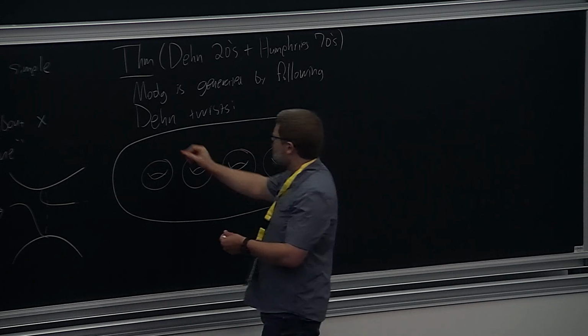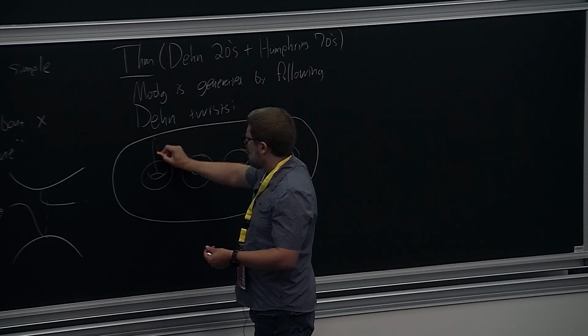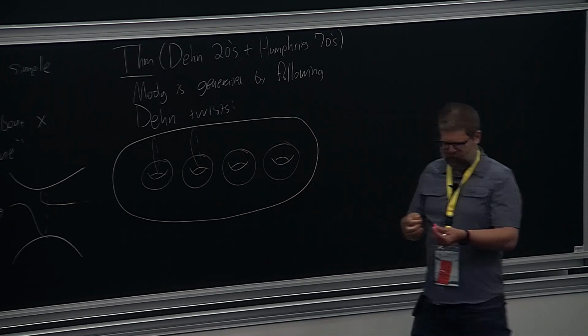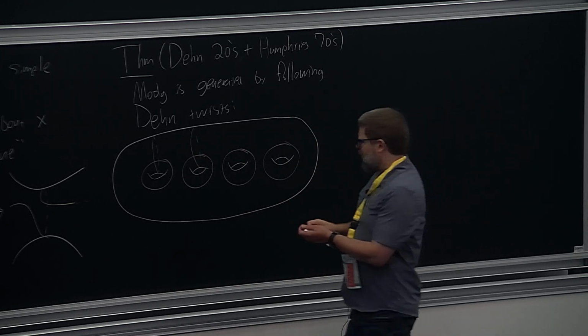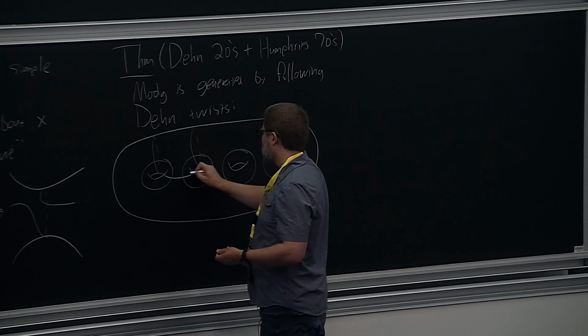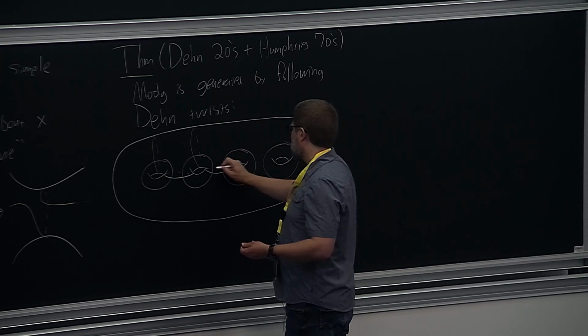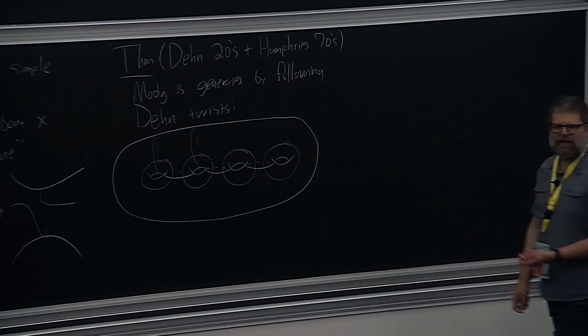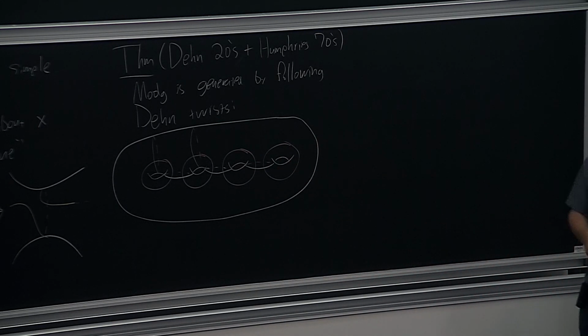Then I also need the other things right here. I need that one, that one. Turns out those are the only two of those I need. And then finally, I need this one right there, that one right there, and that one right there. Okay, so I have that finite list of Dehn twists right there.